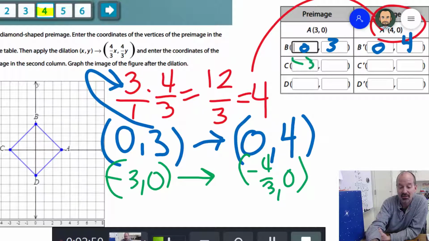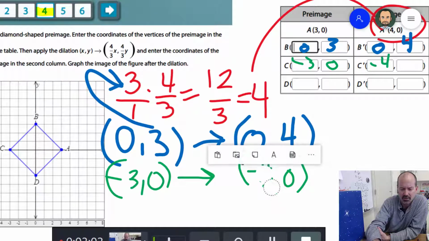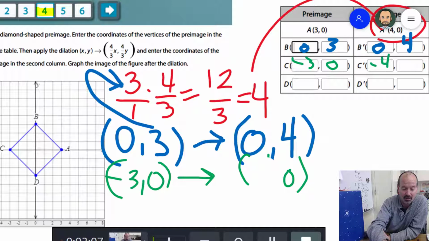Negative 3, 0, and negative 4, 0. Oops, I messed up on my scratch work. It wasn't supposed to be negative 4/3. It was supposed to be negative 4, because negative 3 times 4/3 is negative 4. Sorry about that. Let me fix this up. Oh, forgot the 0 in my answer up here.